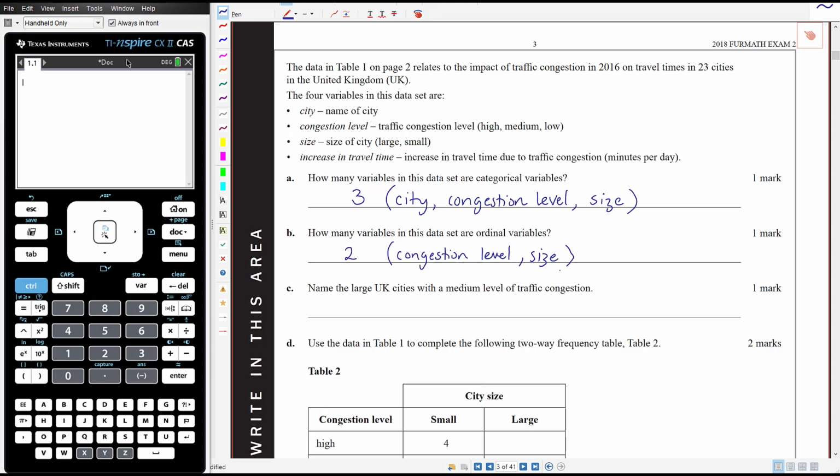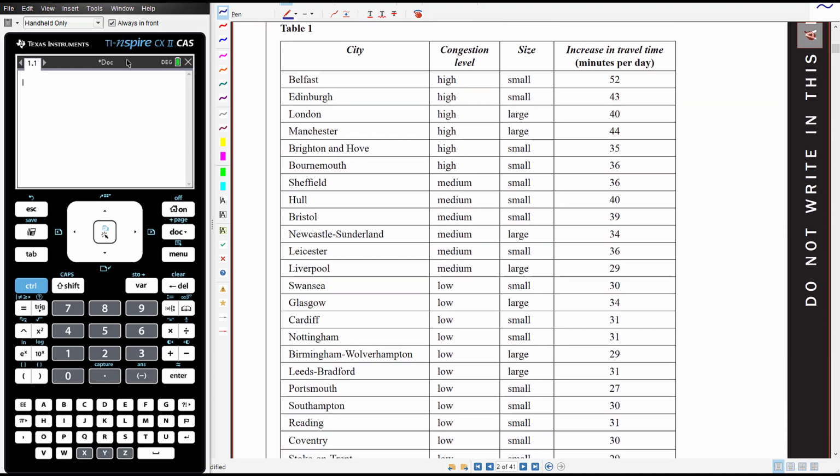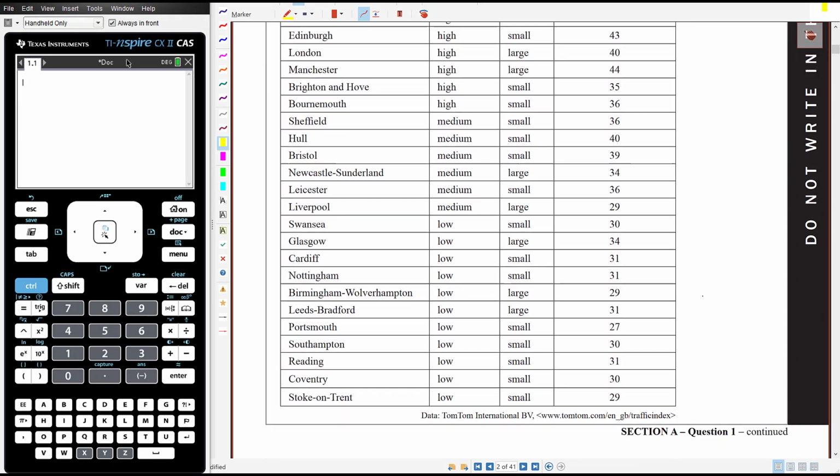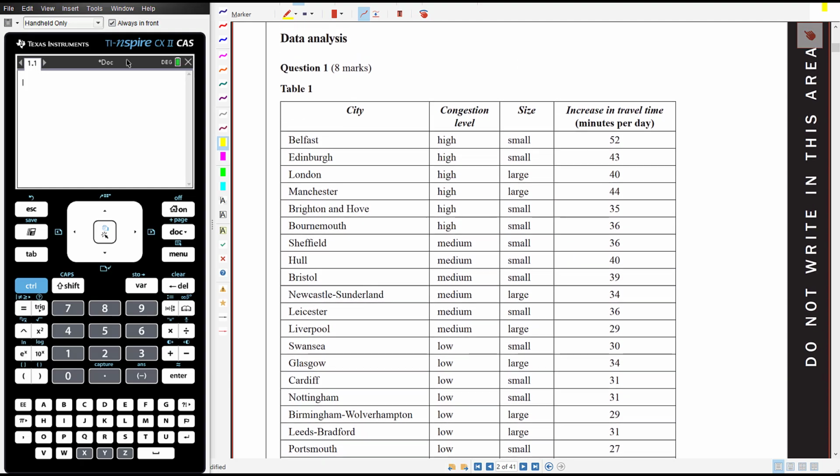Name the large UK cities with a medium level of traffic congestion. Okay, so we're looking for cities which are size large and congestion medium. So let's go back to the data table. It's organised by congestion level. So we want medium congestion and large size.